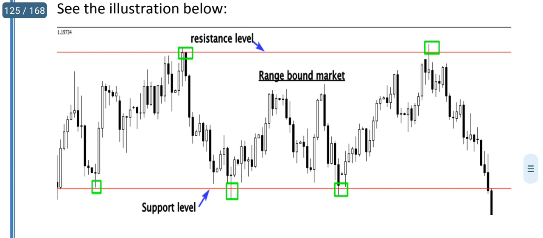So we are having our engulfing bar being formed at either the resistance level or the support level, and the engulfing bar that is being formed at the resistance level is called a bearish engulfing bar candlestick, and the one that is being formed at the support level is called a bullish engulfing bar candlestick.